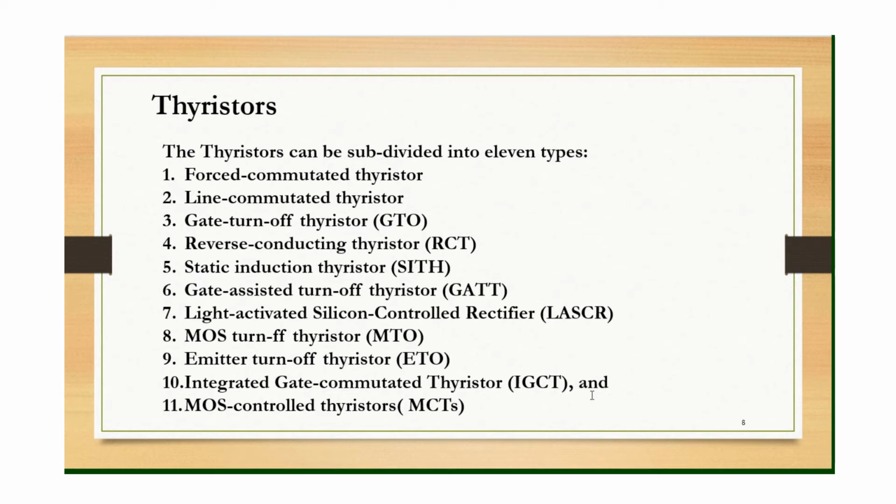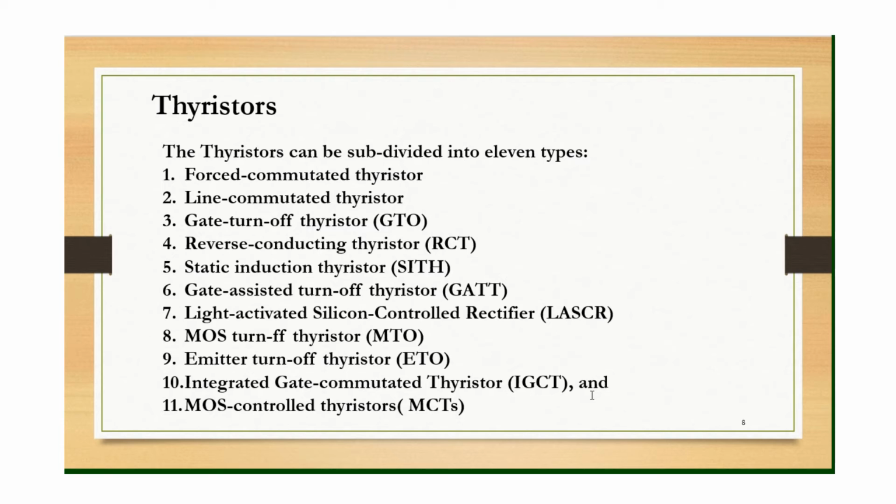So there is a forced commutated thyristor, line commutated thyristor, you have gate turn off thyristor, GTO, then you have reverse conducting thyristor, RCT, you have static induction thyristor, SITH, then you have gate assisted turn off thyristor, you have light activated silicon control rectifier, which is called LASCR, then you have MOS turn off thyristor, MTO, then ETO, then you have IGCT, integrated gate commutated thyristor, and MCT, that is MOS controlled thyristors.